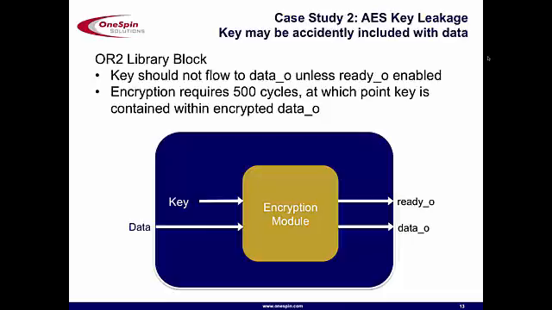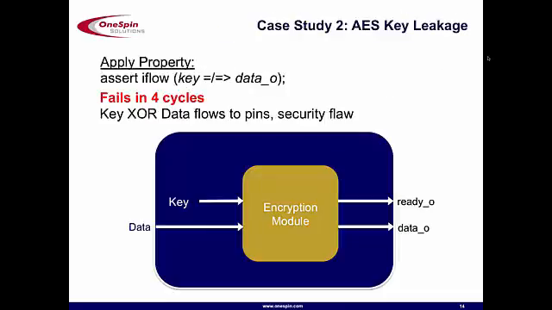And in fact, when they ran it, using the property above again, a very simple property, the system failed in 4 cycles, even though it's supposed to take 500 cycles for the encryption to be processed. What turns out happened is the key was XORed with the data, and because the encryption process hadn't fully run, the key was apparent on the output, but it was well embedded inside the data.